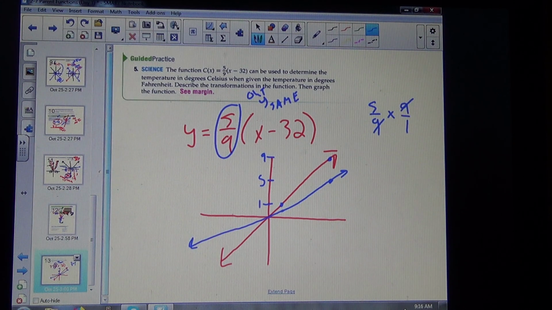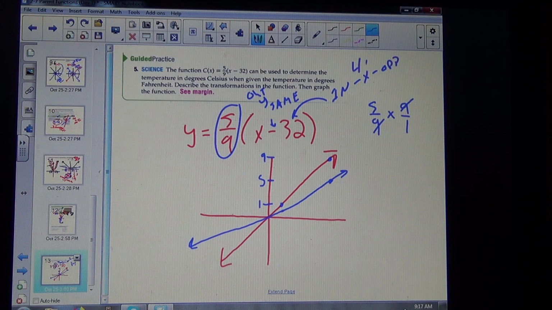Okay, so then it gets less steep, and then this negative 32 is on the inside, and on the inside it's the x values that change, and it's the opposite. So instead of negative, the opposite of negative would be a positive. Again, it's on the inside, it's the x's, and it's the opposite.